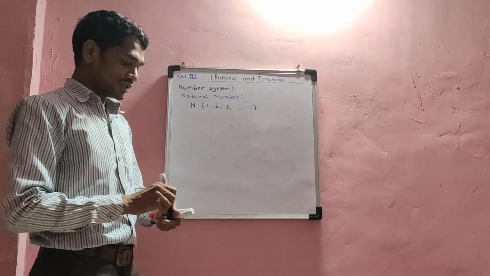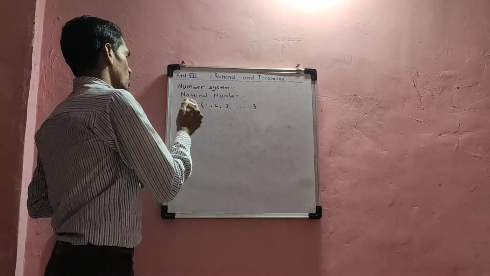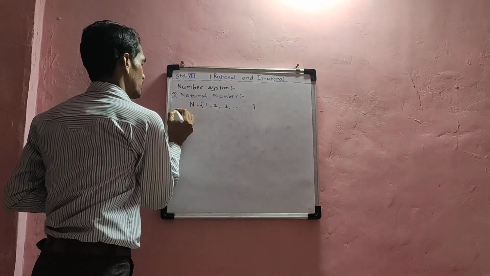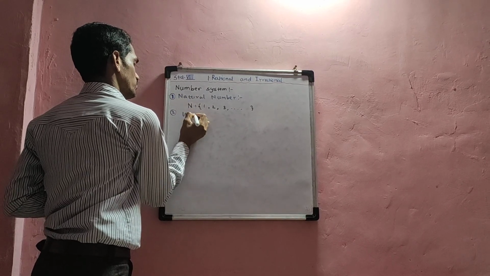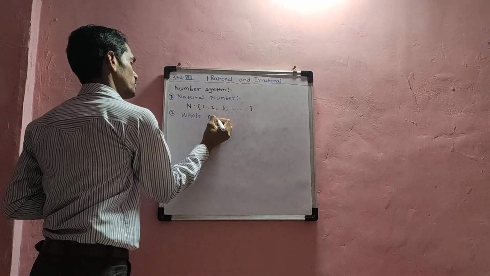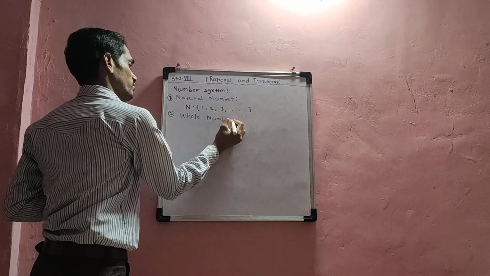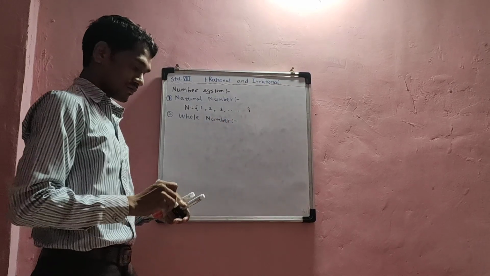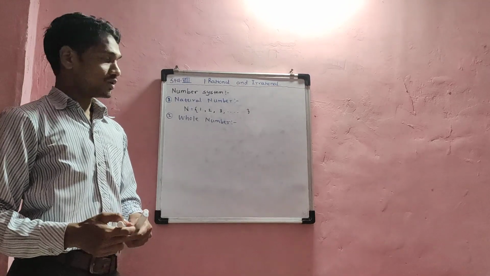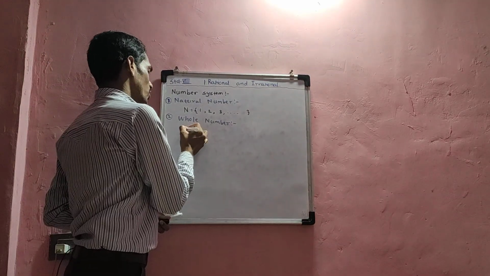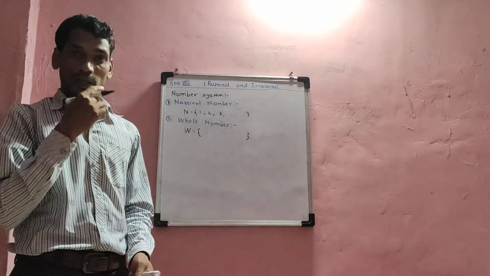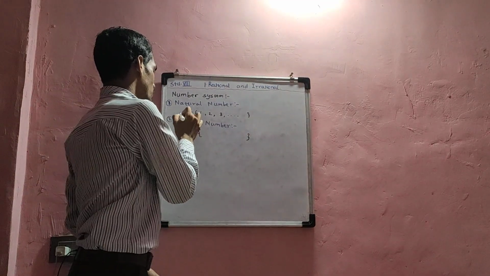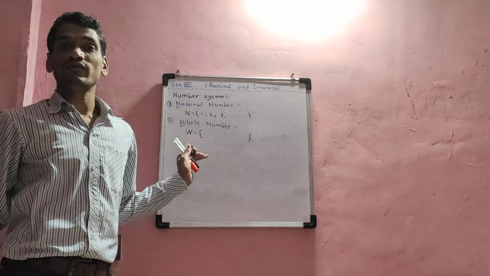So our next number is the whole number. Whole number is represented by the capital letter W. Okay students, what letter are we using?